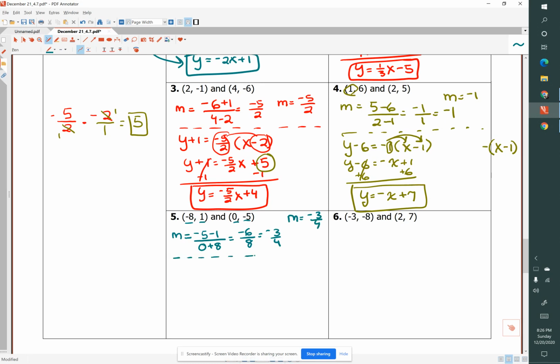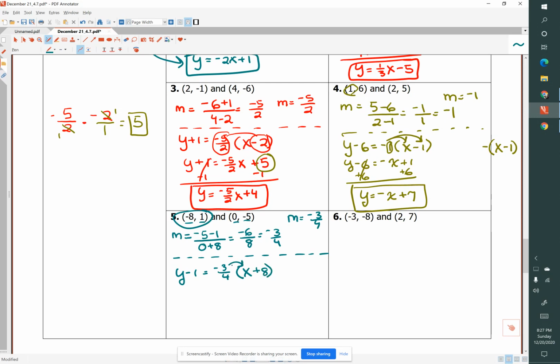Now we're going to insert the first point into this point slope form along with the slope of negative 3/4. y minus y1, which is 1, equals the slope of negative 3/4 times the quantity of x minus negative 8, which is x plus 8.